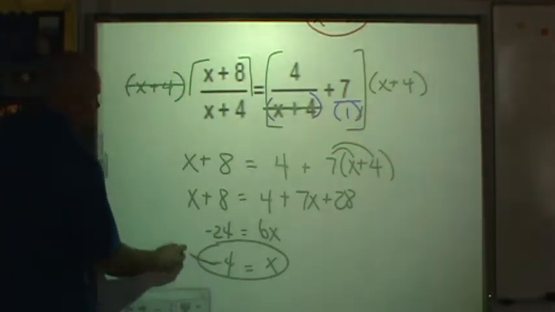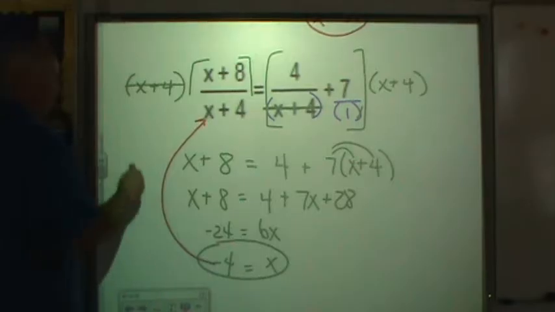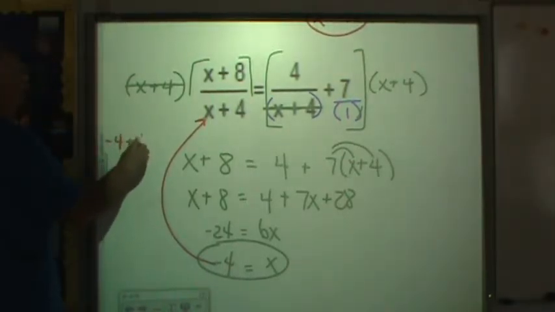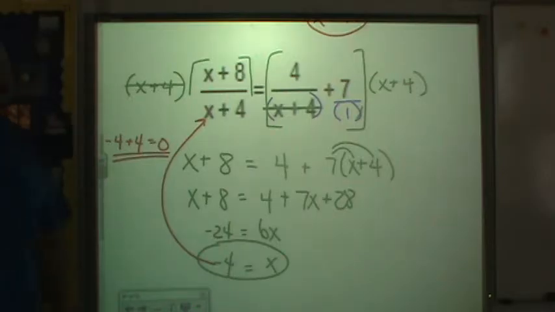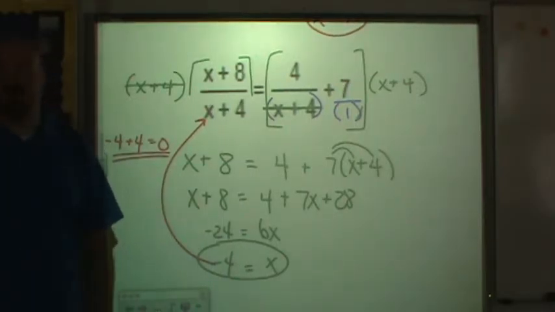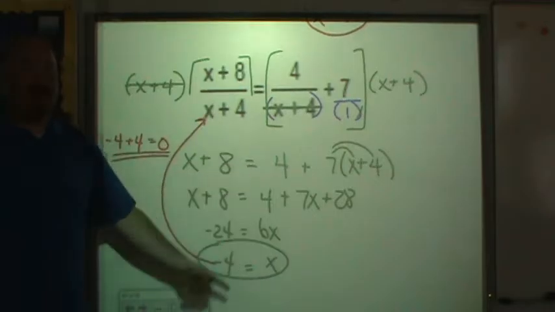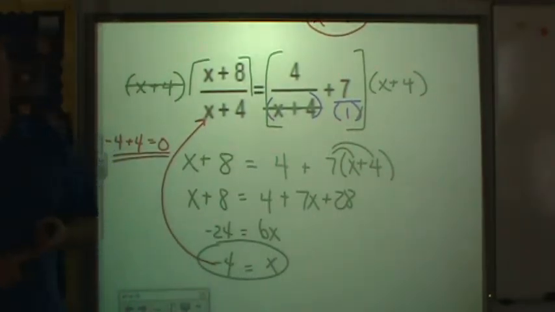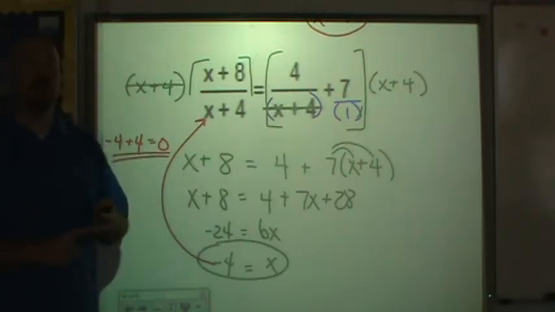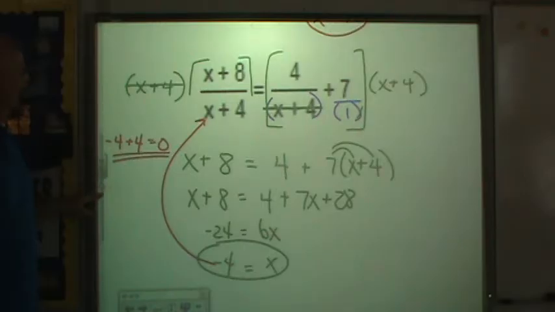So if you take this and you plug it in here, negative 4 plus 4 equals 0. That's a no-no. You can't have 0 in the denominator of a fraction. Even if your math is solid, this happens in other instances. This happens with logarithms. When you get into pre-calc, we do this with limits. It happens a lot. Okay?